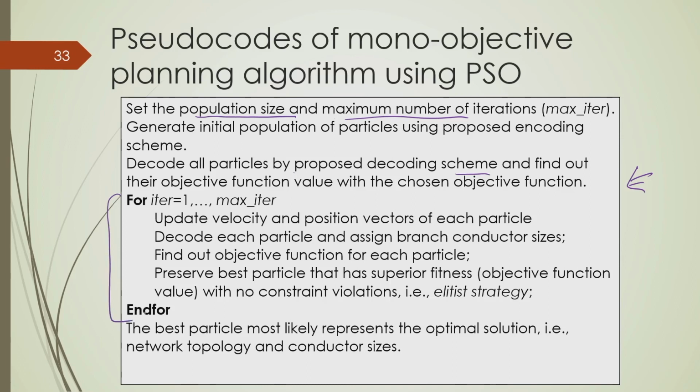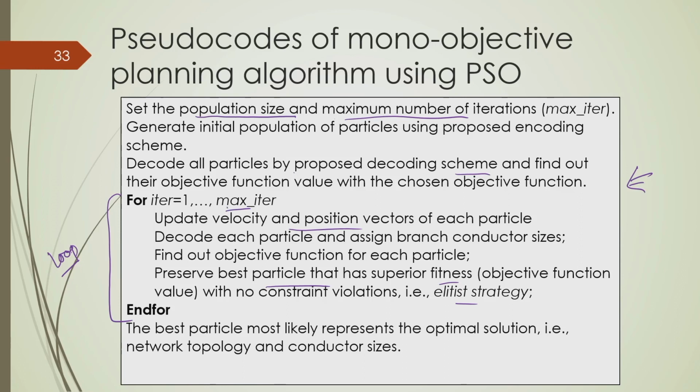Then we have the main loop by which we update the velocity and position vectors, we preserve the previous best, and we preserve the best solution among all the particles. All this comes under the LT strategy, and this continues till we reach the maximum iteration.